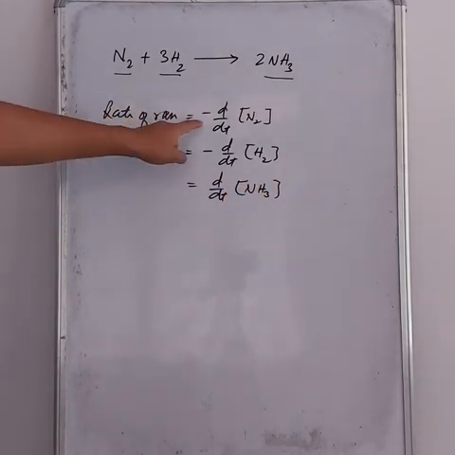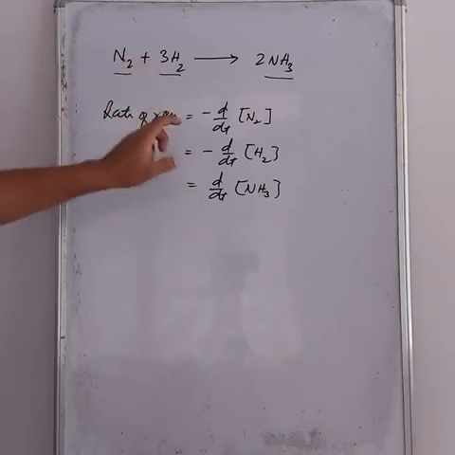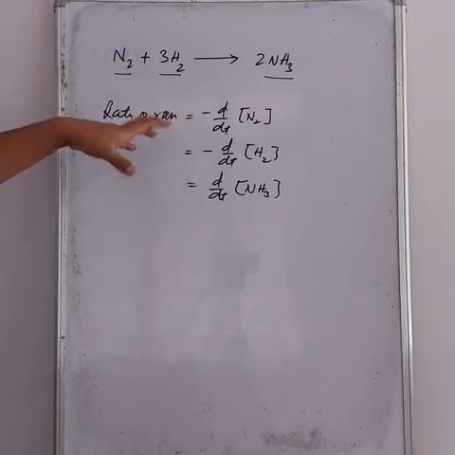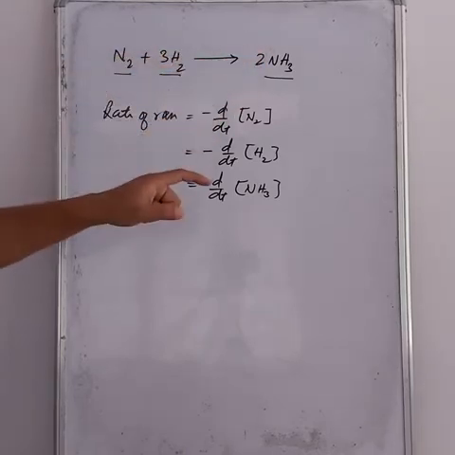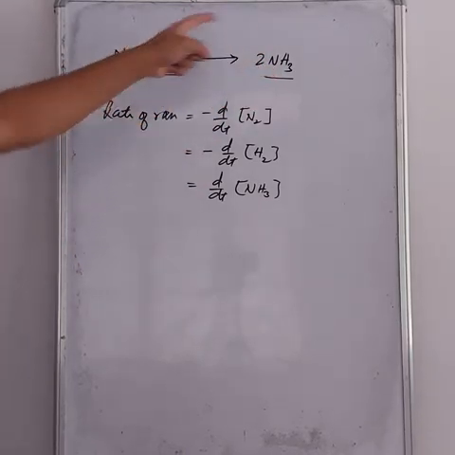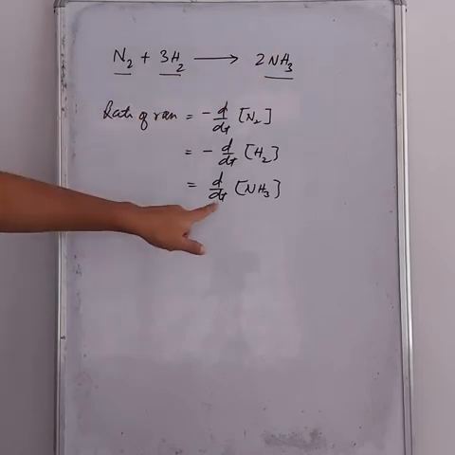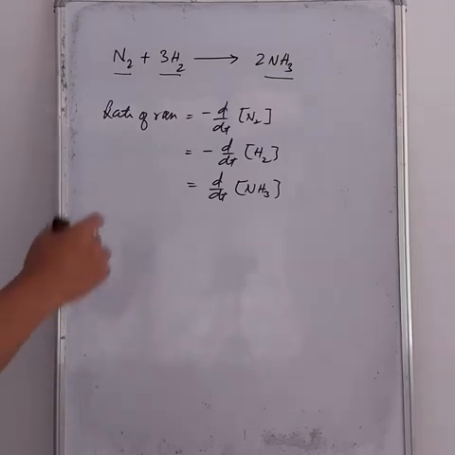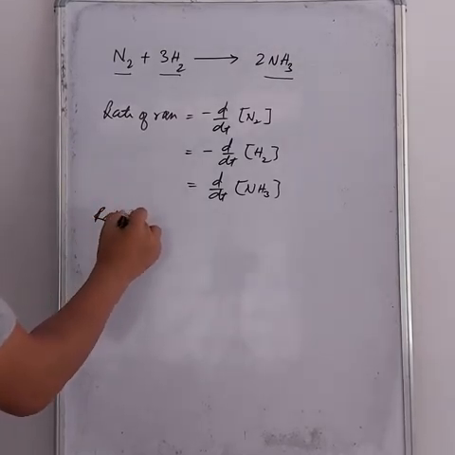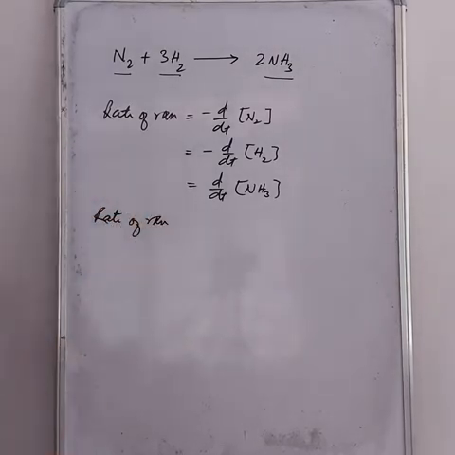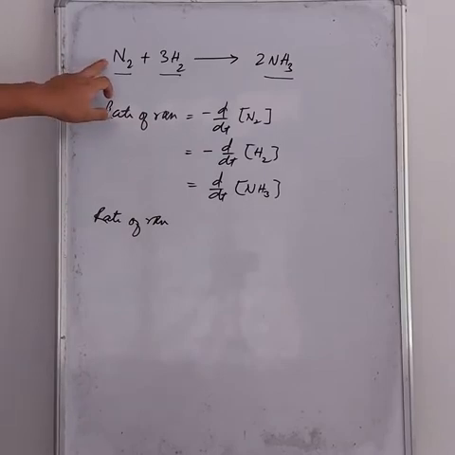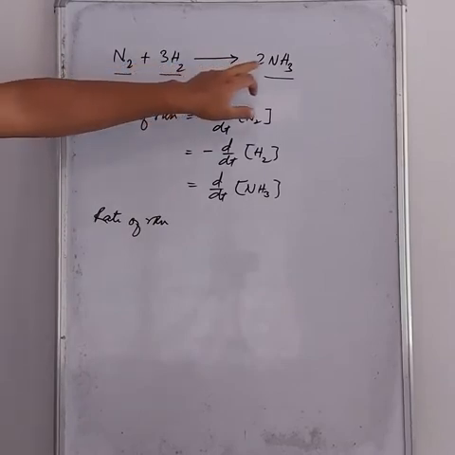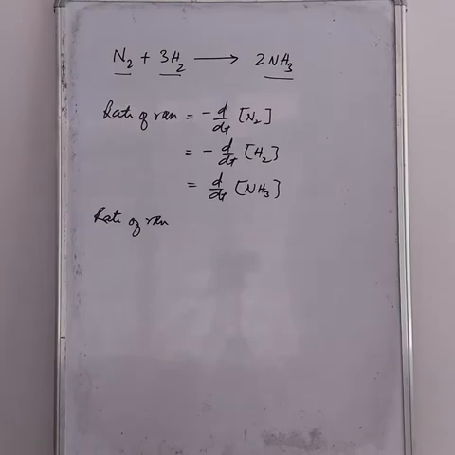Notice that we have these two negative signs because these two are disappearing, decreasing from the initial concentration, and then we are getting ammonia, so here we have a positive sign. And notice that we have 1 mole of nitrogen reacting with 3 moles of hydrogen, giving us 2 moles of ammonia.